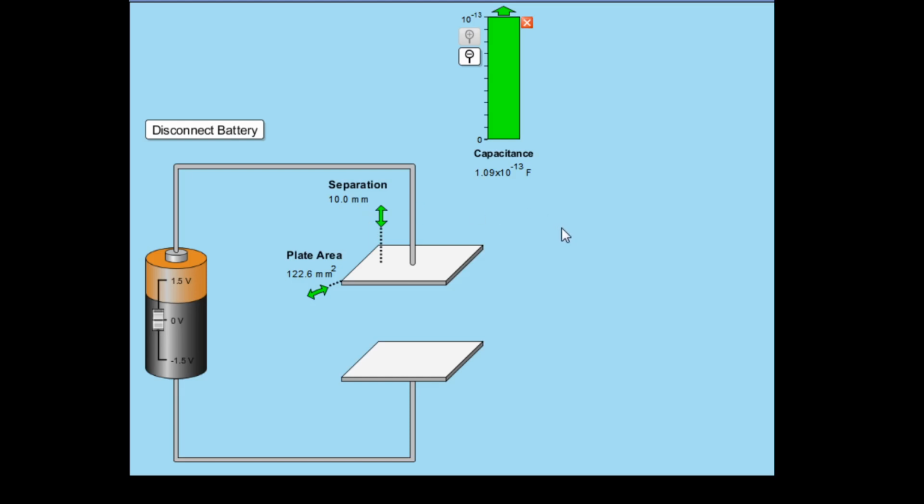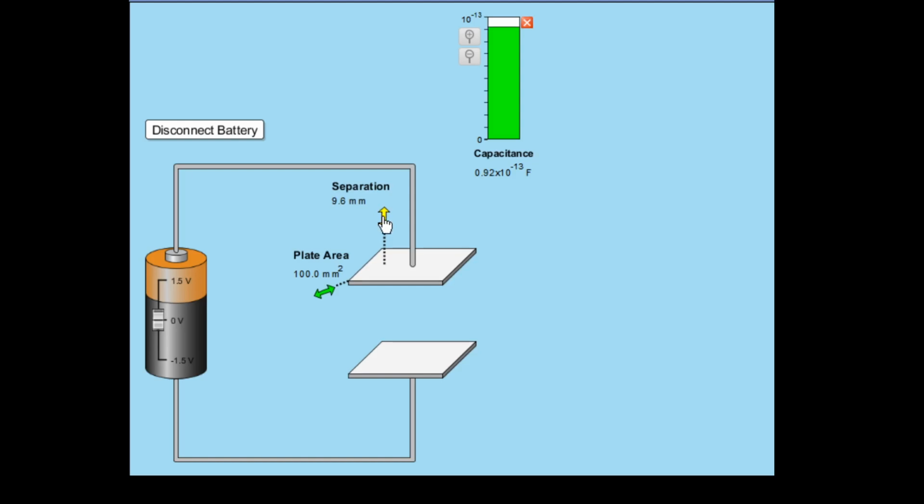Next, let us change the separation between the plates of the capacitor, with the area being constant. So I have fixed the area at 100 millimeter square, and the distance between the plates is changed. Now the distance of separation is maximum.